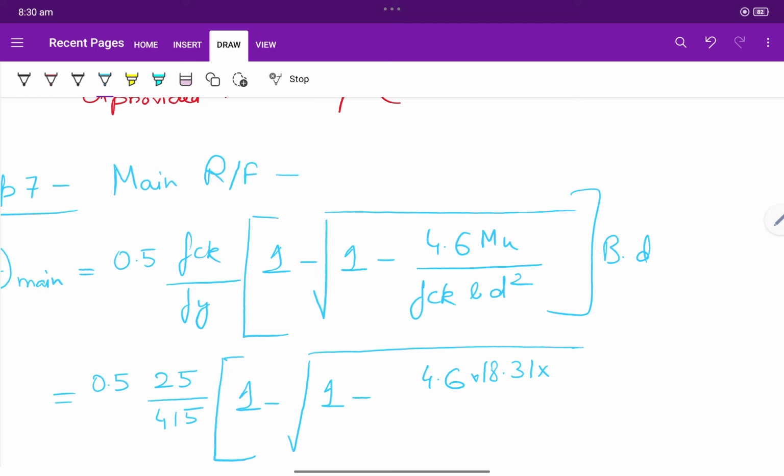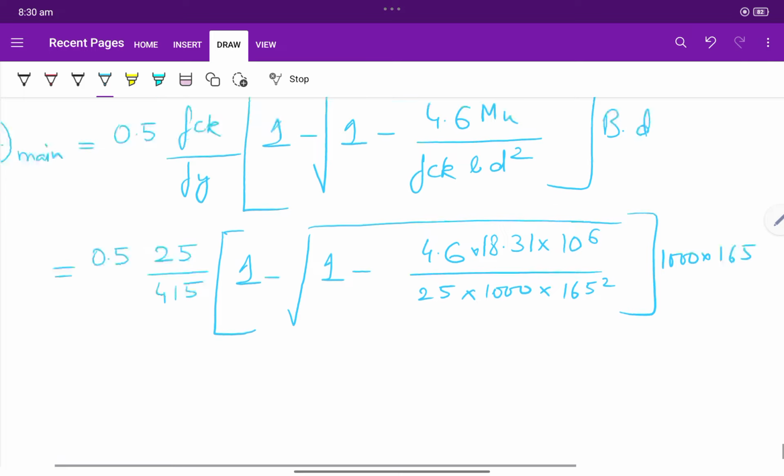Here we have to again convert it into Newton mm, so 10 to the power 6. Again fck is 25, B is 1000, and d is 165 square. B is 1000 into 165.